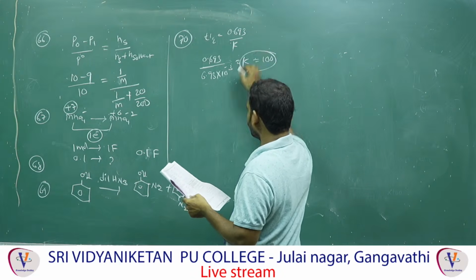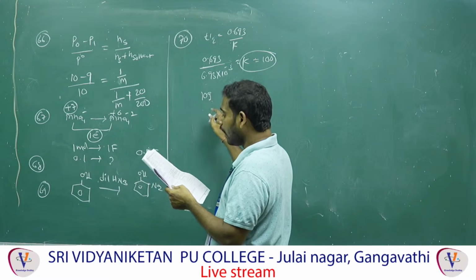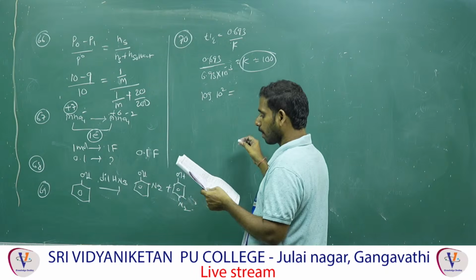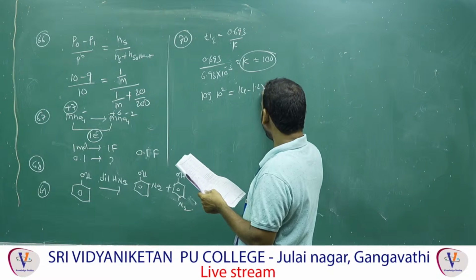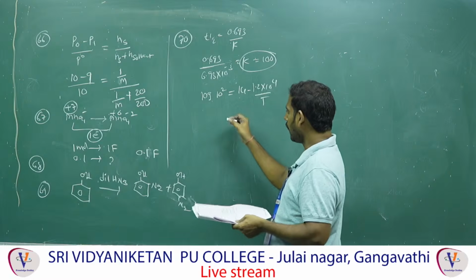Then you solve this equation. Substitute that K value in this equation. Log K, log 100, is equal to 14 minus 1.2 into 10 power 4 by T. Log 100 means 2.